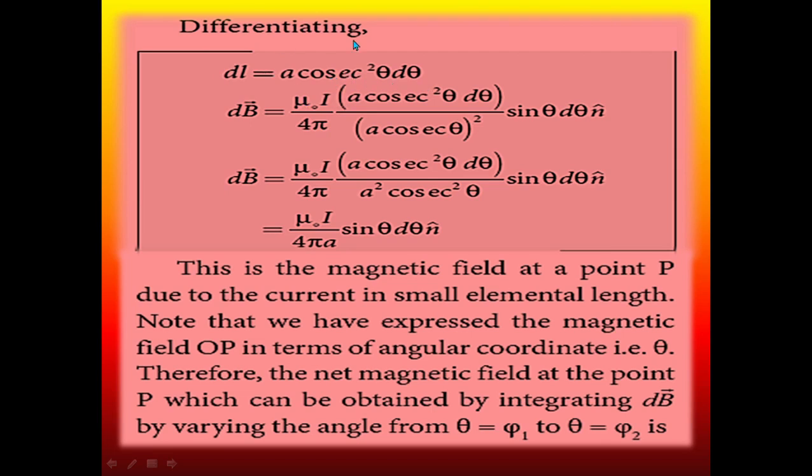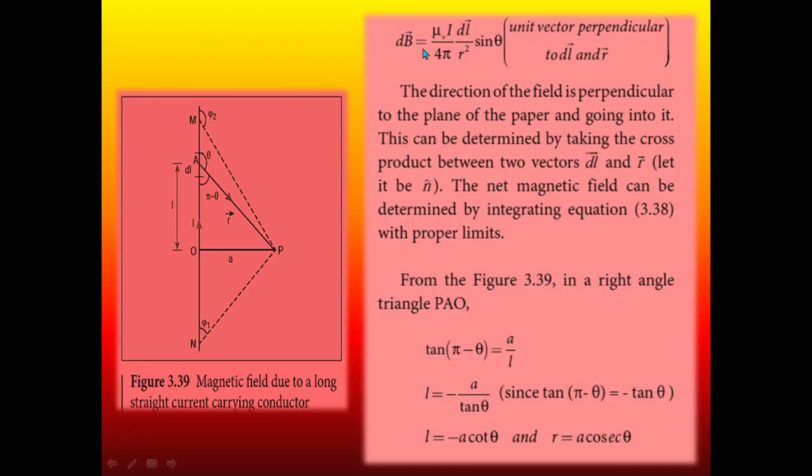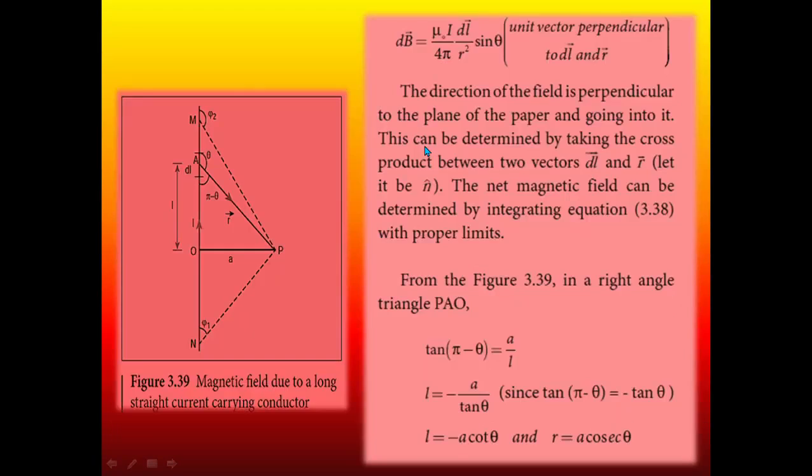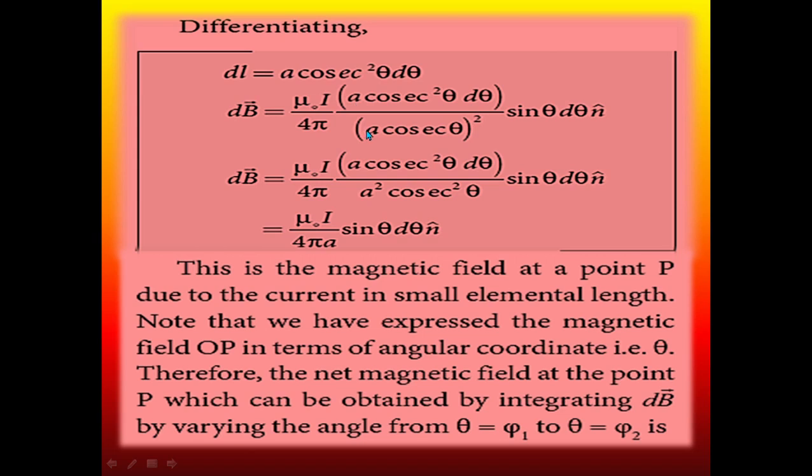So substituting this dl value in this equation, dB vector is mu naught I divided by 4 pi into dl vector. Here dl is replaced as A cosecant square theta into d theta. So the equation can be written as dB vector is equal to mu naught I divided by 4 pi into A cosecant square theta d theta divided by r square, which is A cosecant theta the whole square, into sin theta into d theta n cap.